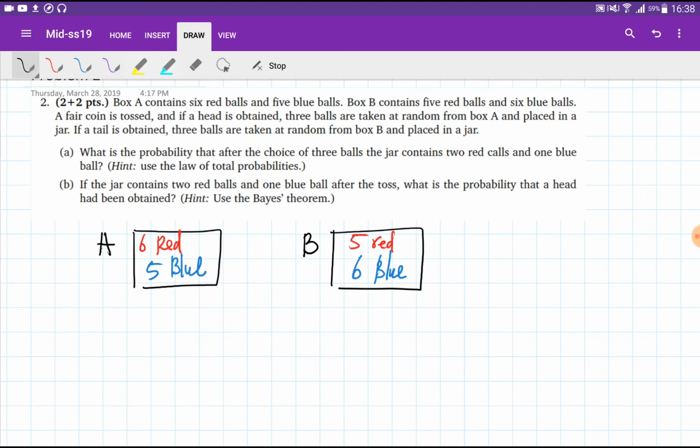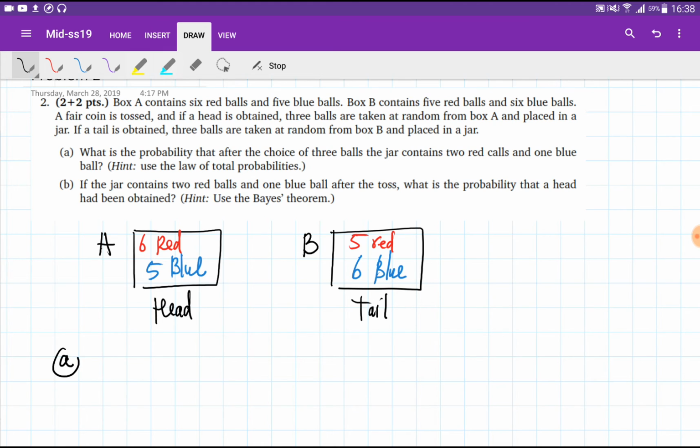So we toss the coin, and if heads is obtained, we choose 3 balls from A. If tails is obtained, we choose 3 balls from B, and put them in the jar.